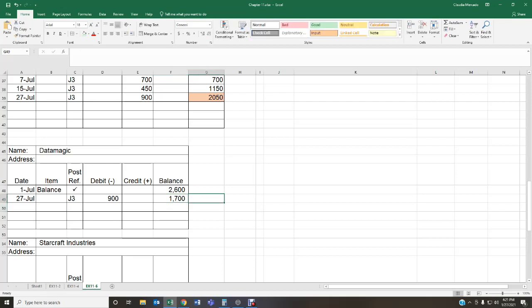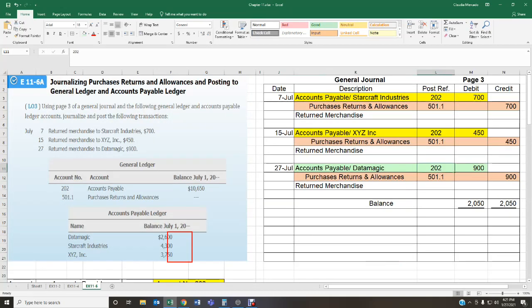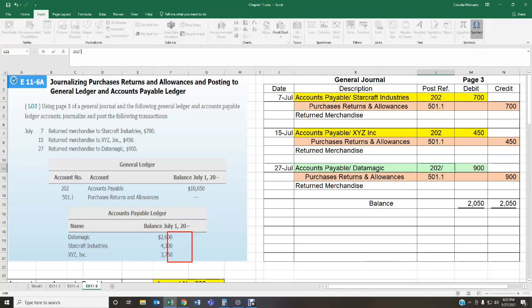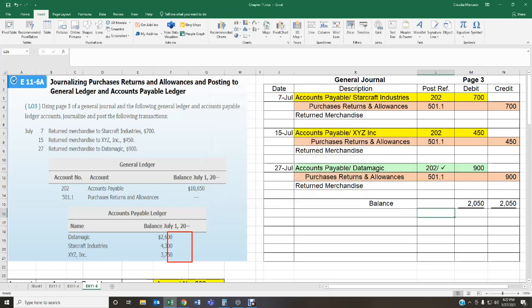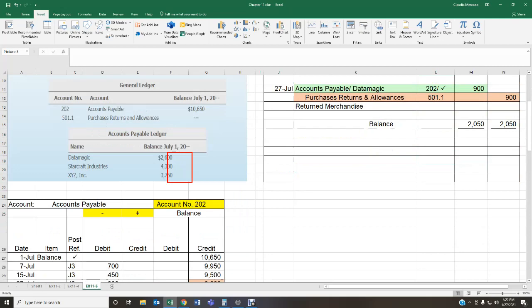Okay. Now, because I've posted it into my accounts payable ledger, I need to go back to my journal, and I'm going to post a check mark. So whenever you're posting to your accounts payable on your journal, you're going to have two things. You're going to have the general ledger number, which is the general ledger 202, right here.